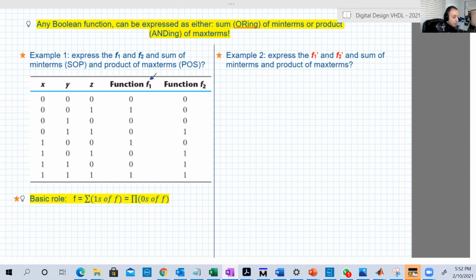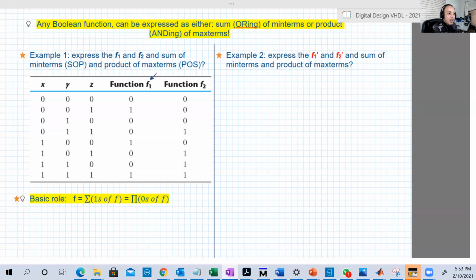Basically, we can express any Boolean function as a sum of min terms or a product of max terms. And this is basically the most primitive or canonical form to represent any Boolean function. So we can express any Boolean function as sum of min terms or sum of products.